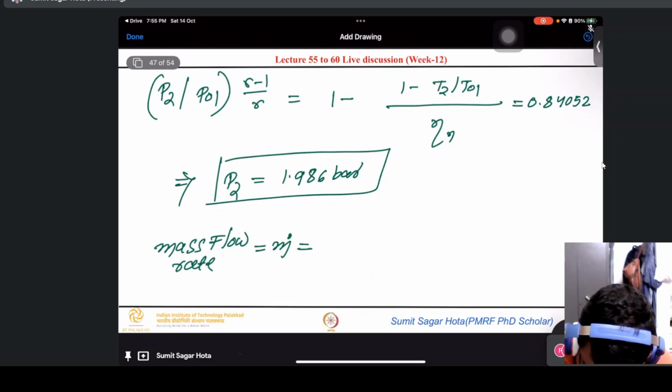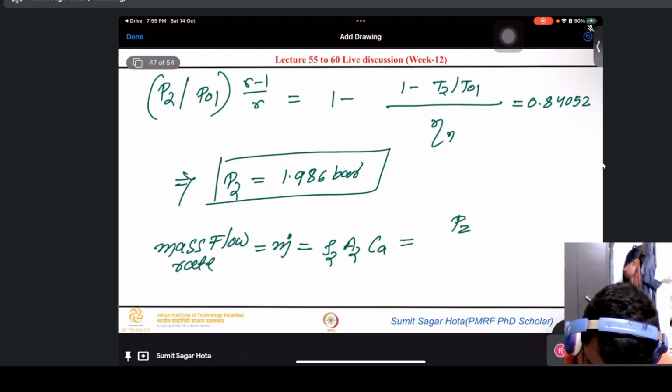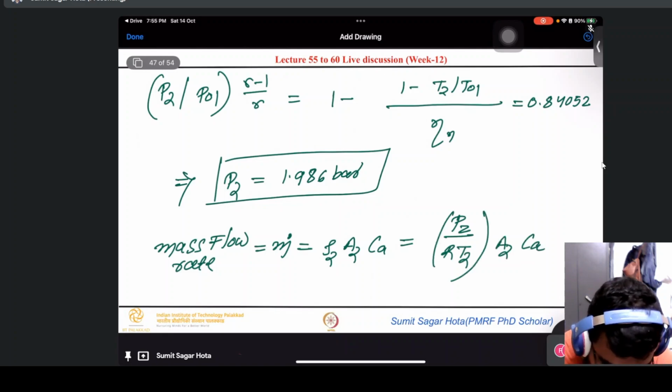m dot equal to rho 2 A2 Ca, where rho 2 is P2 divided by R T2, into A2 into Ca.